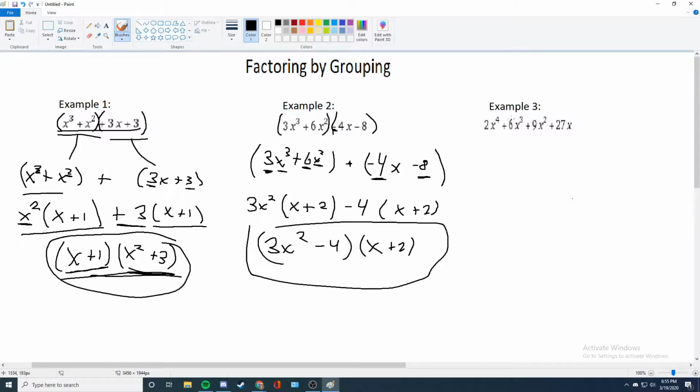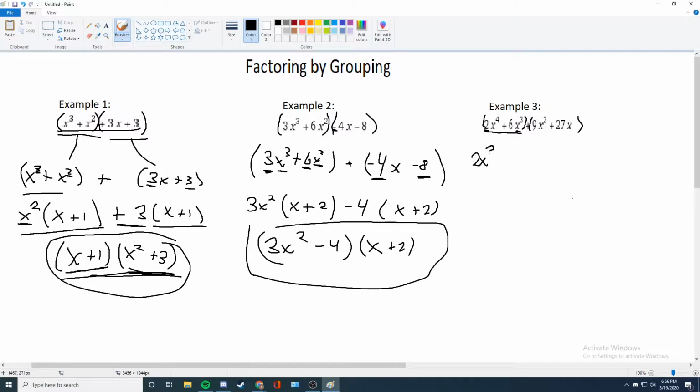So example 3, again, four terms. If we start out by grouping, we can see that all of these terms have an x in them, right? So that kind of gives us a hint as to what's going to happen at the end. With this group, we can pull out a 2x cubed, because there's a factor of 2 and a factor of x cubed.